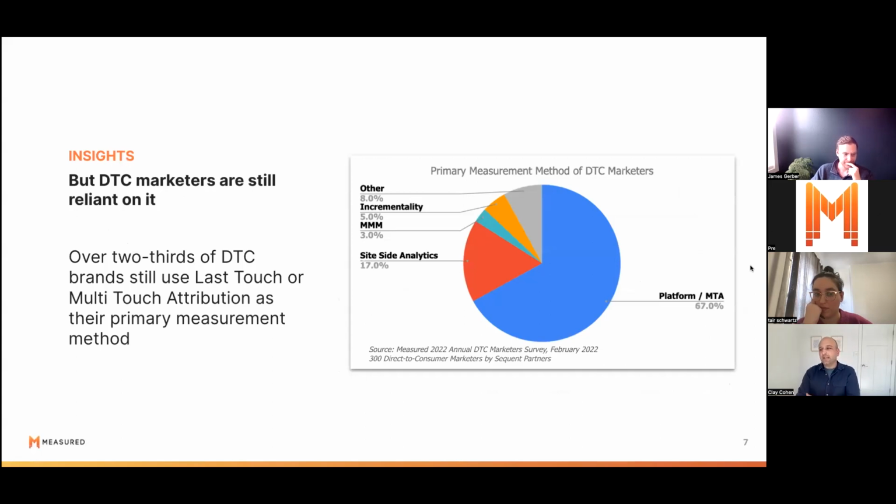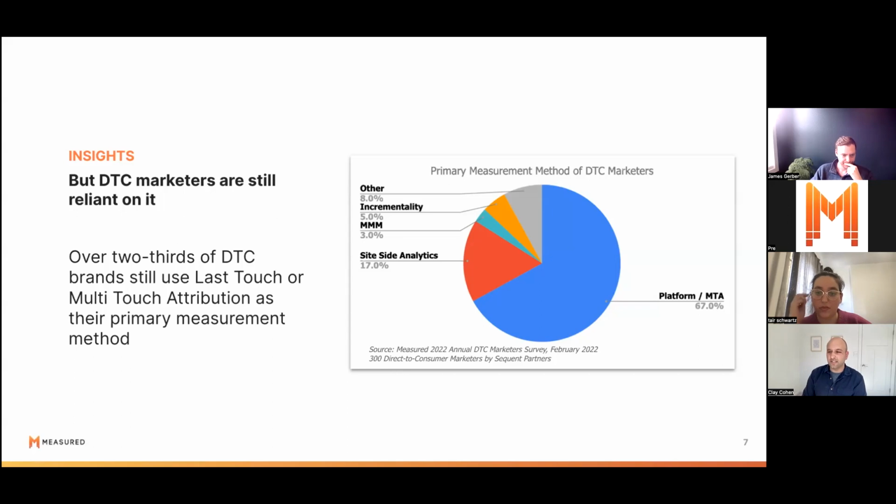A quick sneak peek at a really cool stat. We will be pushing out an annual D2C marketer survey. We recently completed, with a survey partner, a survey with 300 D2C marketers across the spectrum from different verticals, different company sizes, different roles.